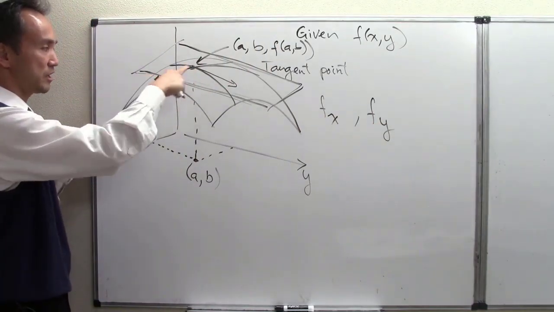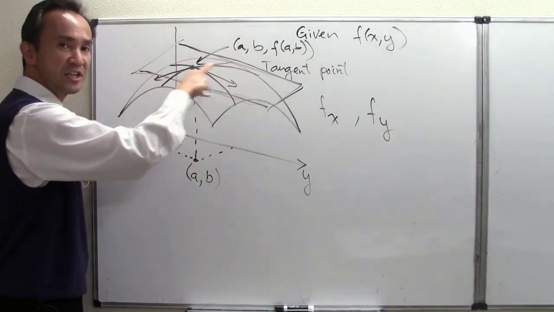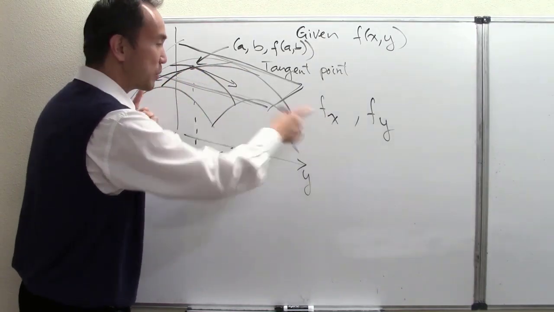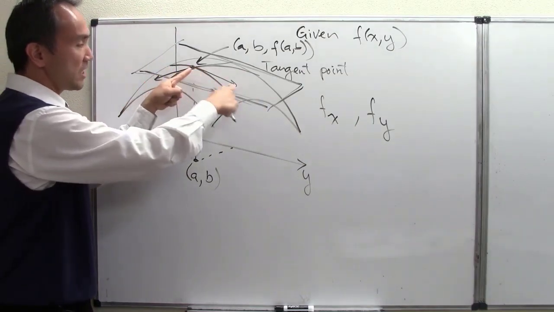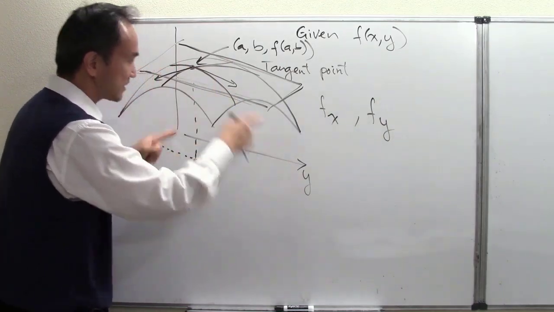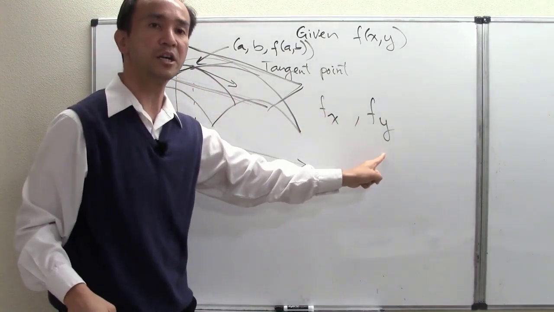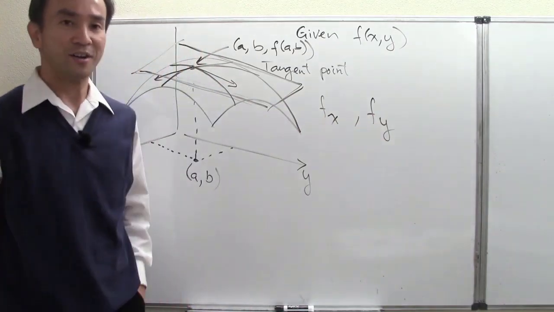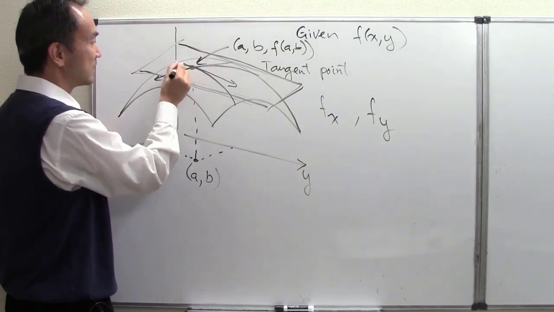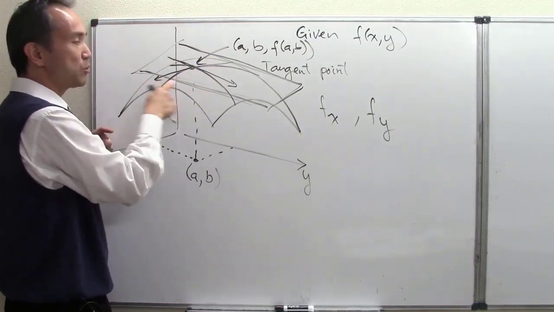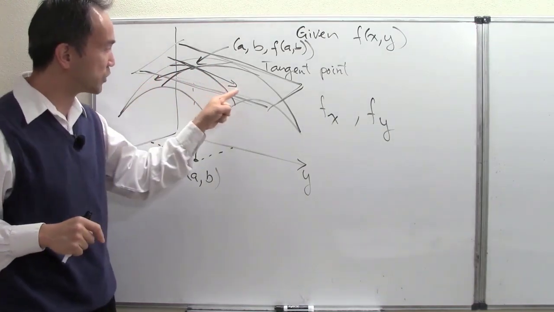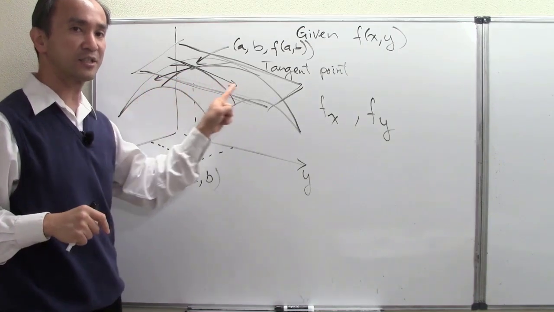The tangent line on the tracing curve along the x-axis can be found by the partial derivative with respect to x, and the tangent line on the tracing curve along the y-axis can be found by the partial derivative with respect to y. Okay, and if you notice on my picture, when I drew the two tangent lines, I purposely put arrows on them, indicating that once we find the tangent lines, we will treat them as two vectors.